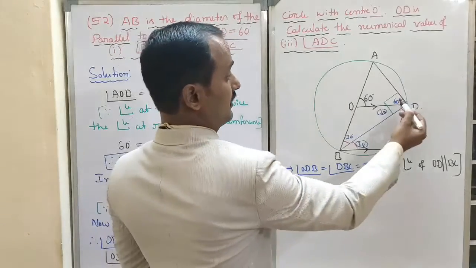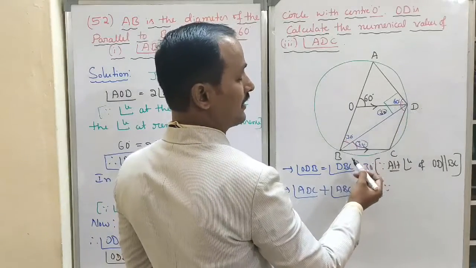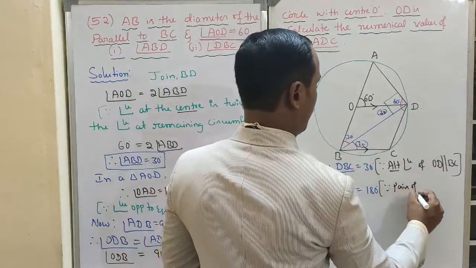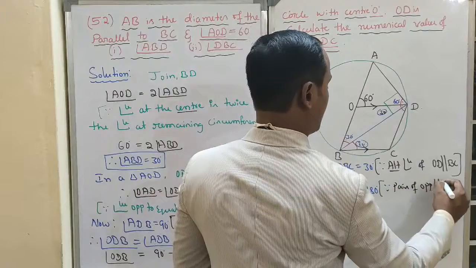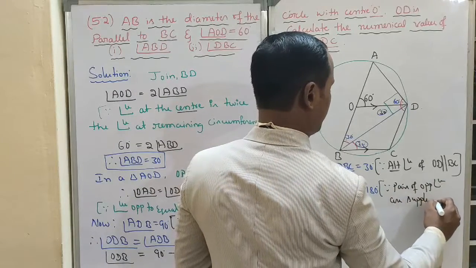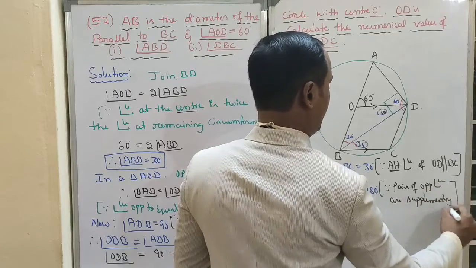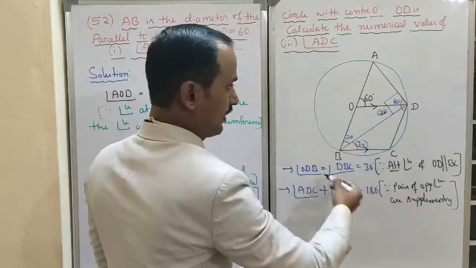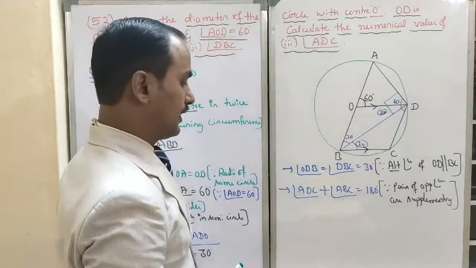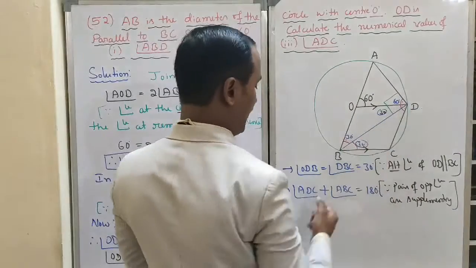This complete pair of opposite angles. Pair of opposite angles are supplementary in a cyclic quadrilateral. ADCB is a cyclic quadrilateral. Pair of opposite angles are supplementary.